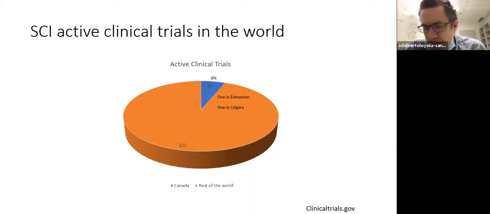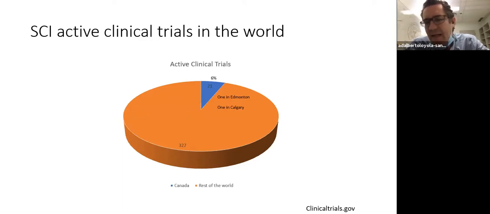So now let's look briefly at how the clinical trial concept applies in the world of spinal cord injury. We went to this webpage, clinicaltrials.gov. You can access it, and it's one of the main registries of clinical trials in the world. It's based in the United States.